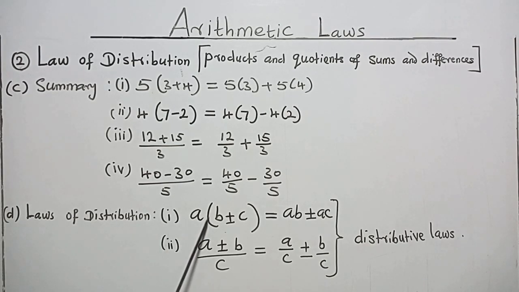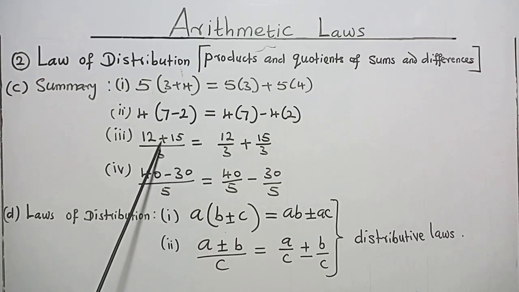So A bracket B plus or minus C is equal to this A times B, AB, plus or minus A times C, AC. I believe you now know why plus or minus is here. It is because this is a summary of what happened both in sum and difference. Alright, what about what happened here and here? Like I said earlier, both can be condensed to make one law, and this is why we still have plus and minus here.